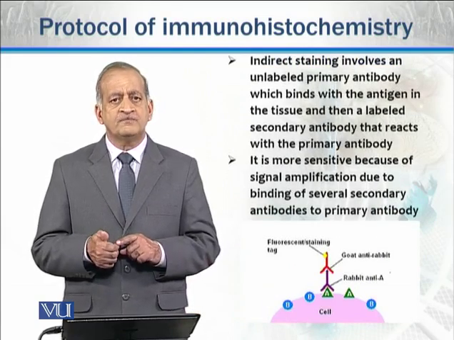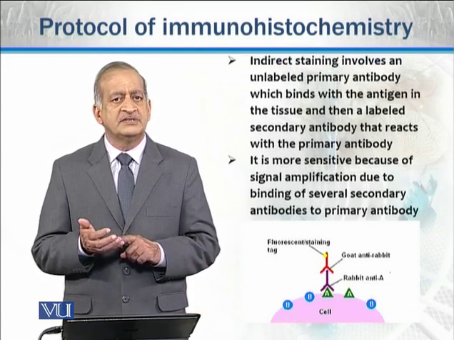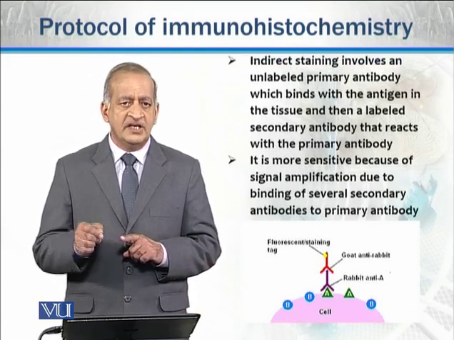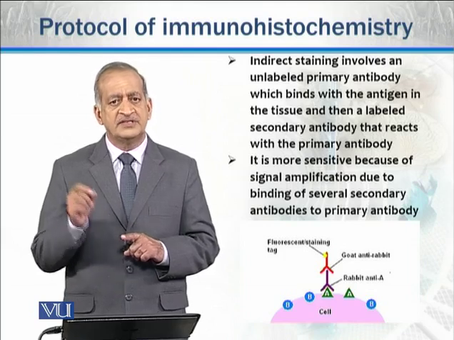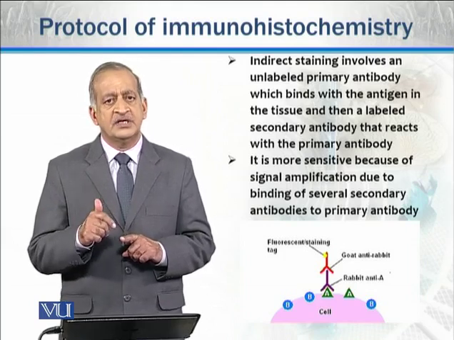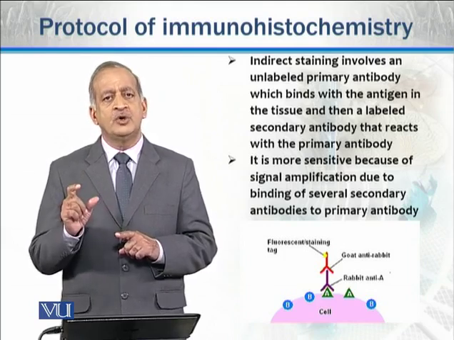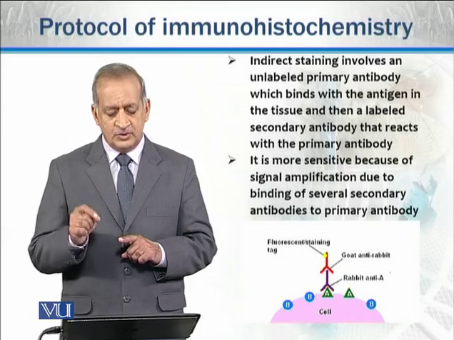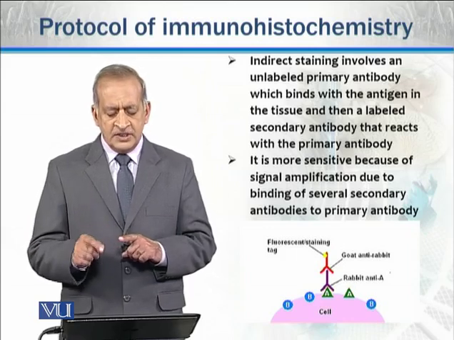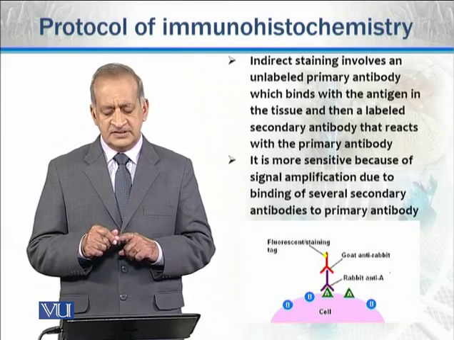In indirect staining, we use a primary antibody which is unlabeled, and then it is stained with a secondary antibody which is labeled. So the primary antibody is unlabeled, and then a secondary antibody is used which is labeled. It is shown in the diagram in the slide.